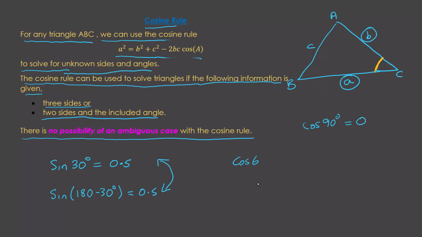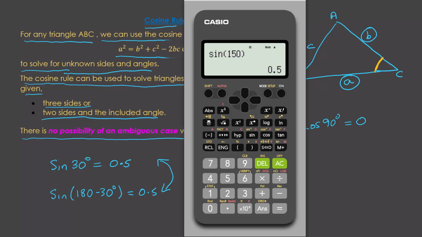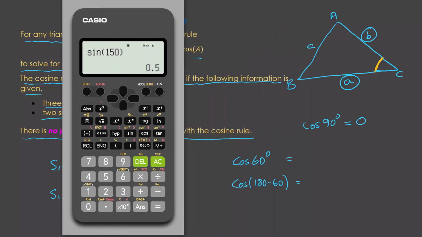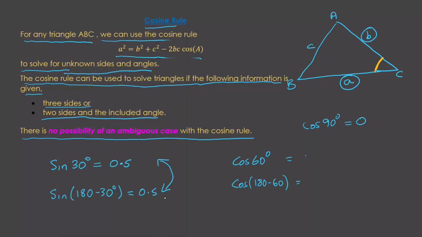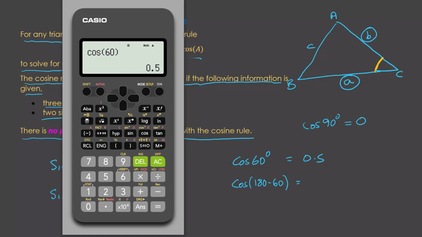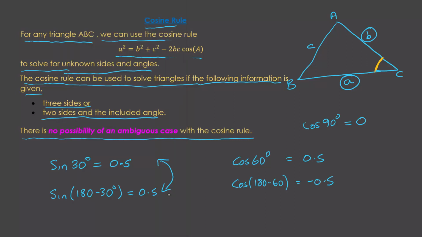But if we try cosine of 60 and cosine of 180 take 60, watch what happens. The cosine of 60 is 0.5. But if I do the cosine of 120, that is negative 0.5.